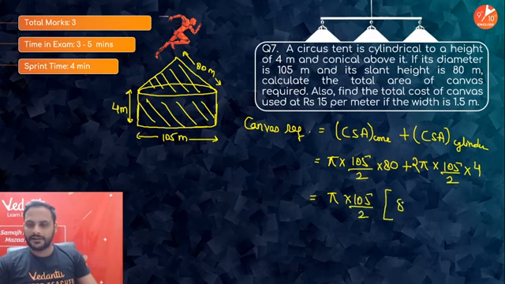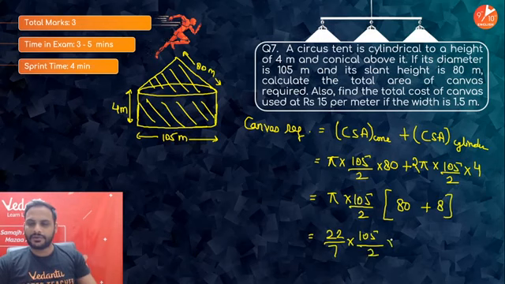Here I am left with 80, and here I am left with 2 into 4, which is equal to 8. So we are left with pi, 22 by 7 into 105 by 2 into 88. So it is 11 times, and 7 ones are 7, 15 times. 15 into 88 if you do.